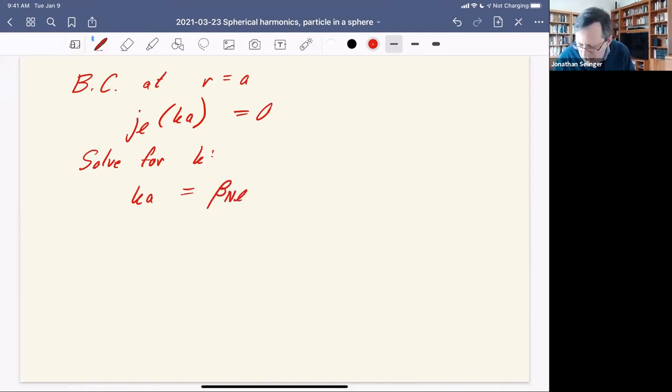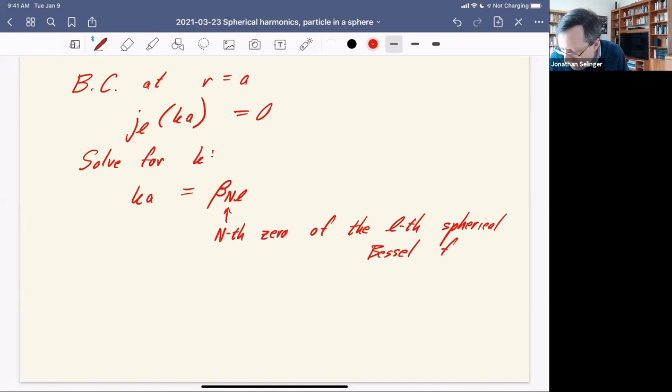That gets a name. It is called beta sub nL, where this is the nth zero of the Lth spherical Bessel function. Any of the spherical Bessel functions crosses 0 at a whole series of places, not regular, but a series of places.